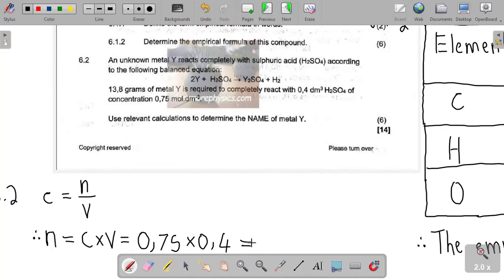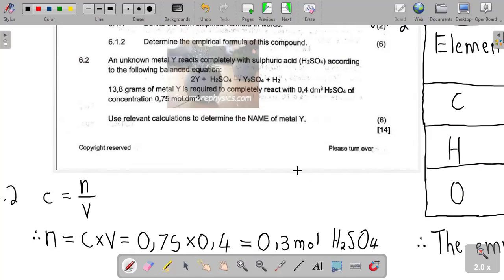Then we multiply the two and we get 0.3 moles. So we have 0.3 moles of sulfuric acid, H2SO4.